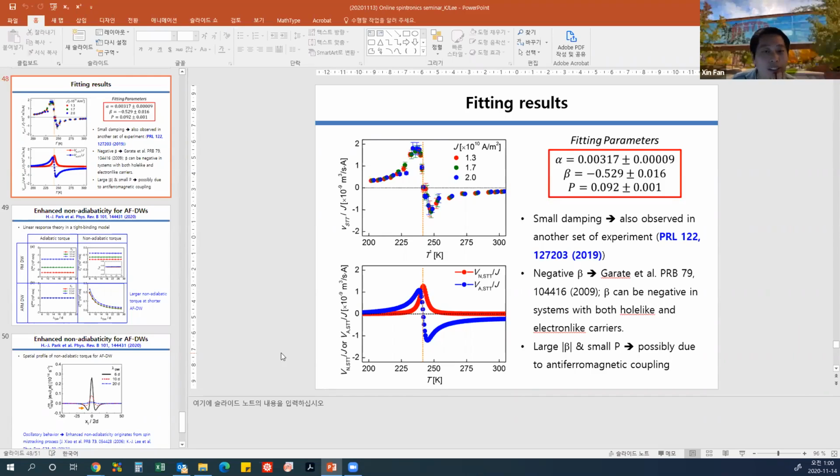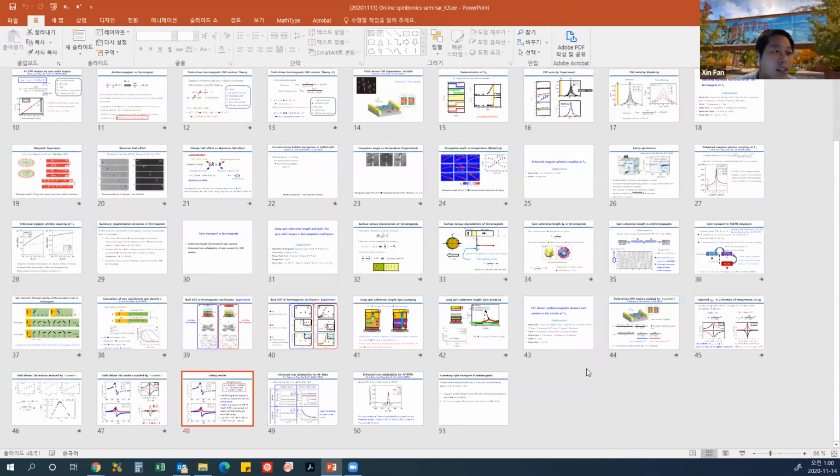Do you have other questions? Okay, I just want to ask a quick question. Typically, a ferrimagnet at the compensation temperature behaves very similar to an antiferromagnet, so it allows you to study very interesting properties.